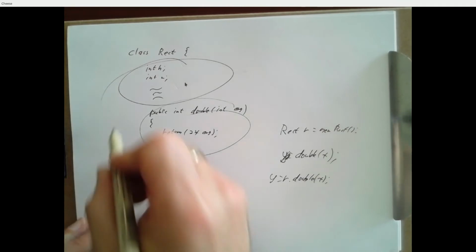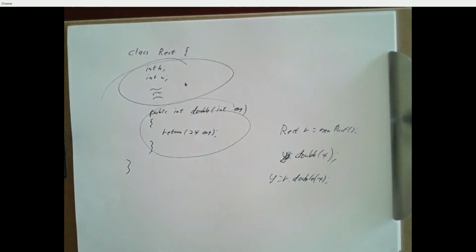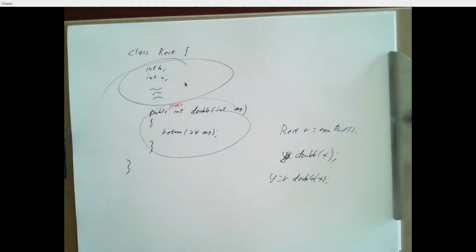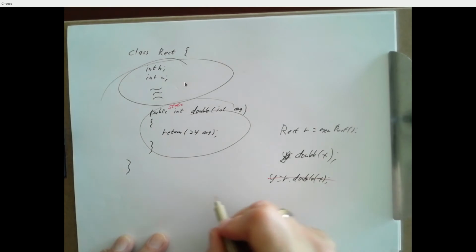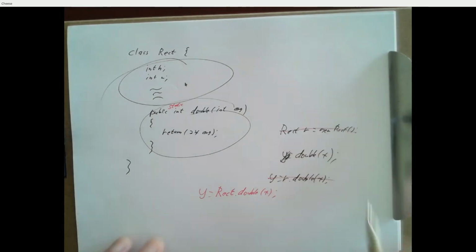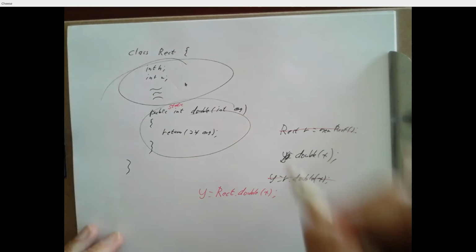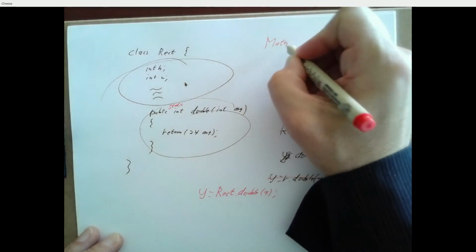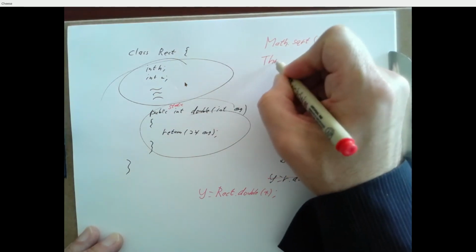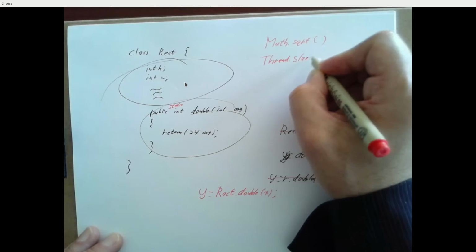So we could instead make this a static int. And we don't need an instance of a rectangle to access this method now. And this is what's happening when you say something like Math.sqrt, or when you say Thread.sleep.